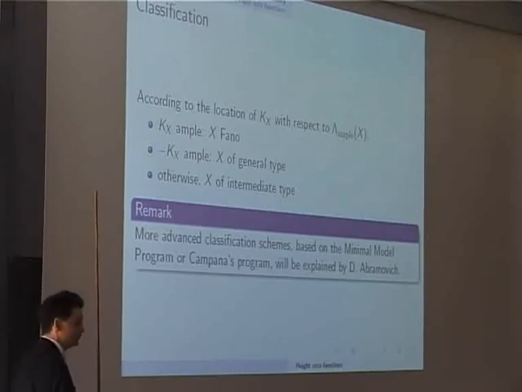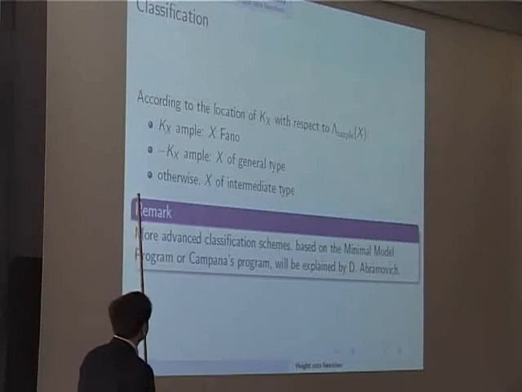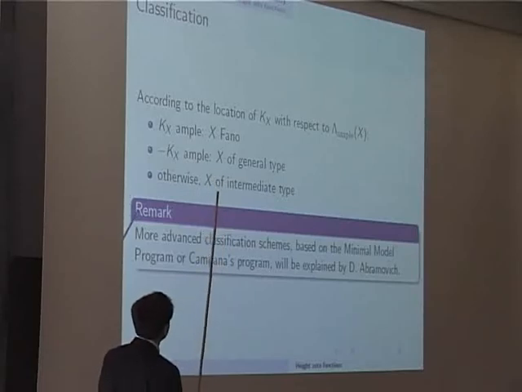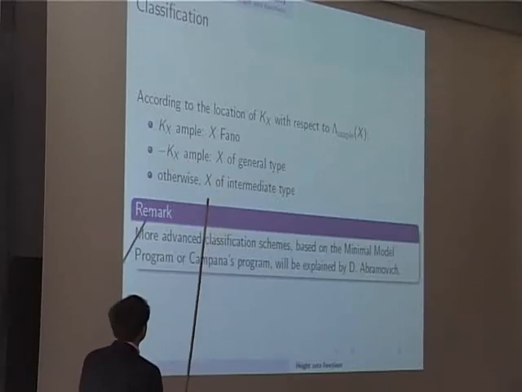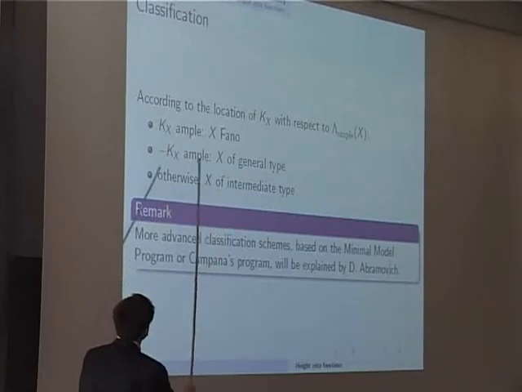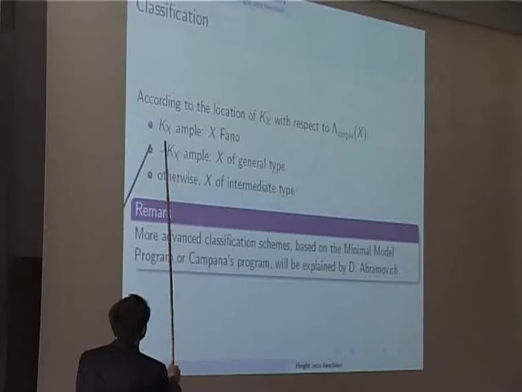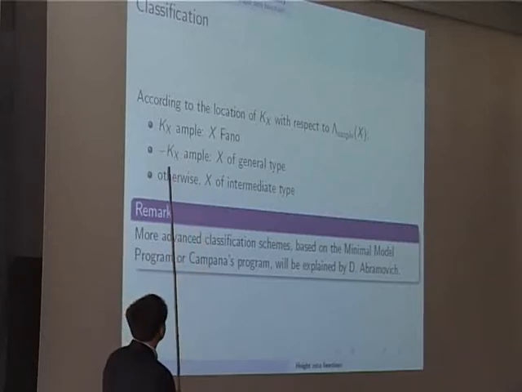We don't know how to compute it in all cases, but it is important for us and for the classification of algebraic varieties in general. The ampleness of the canonical class is very relevant for the classification.